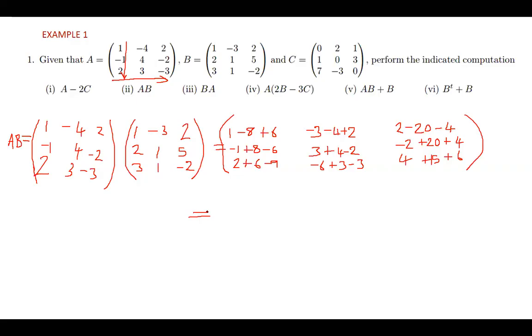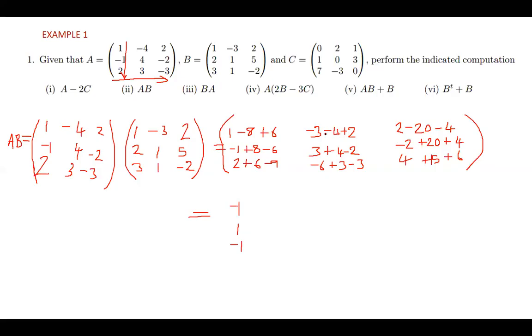So the first one there, 1 minus 8 is -7, and then plus 6 gives -1. So my first entry there is -1. And then -1 plus 8 is 7, and 7 minus 6, I'm getting 1 there. 2 plus 6 is 8. 8 minus 9 is -1.